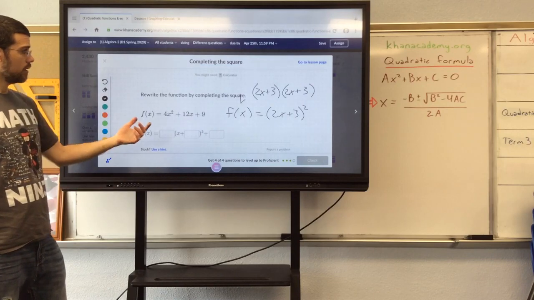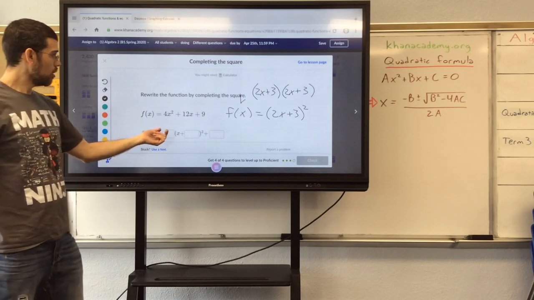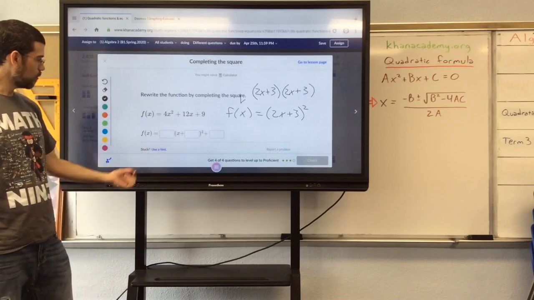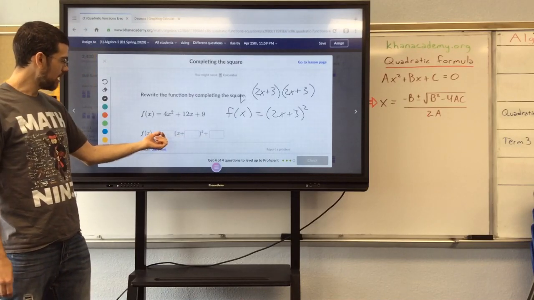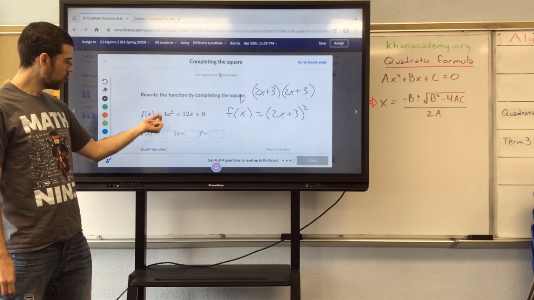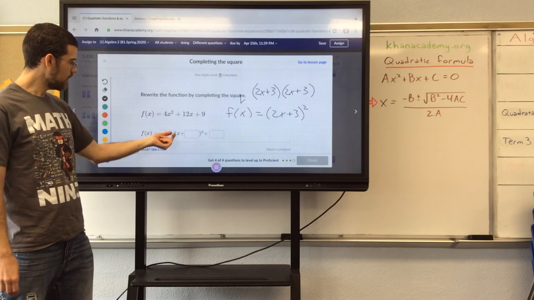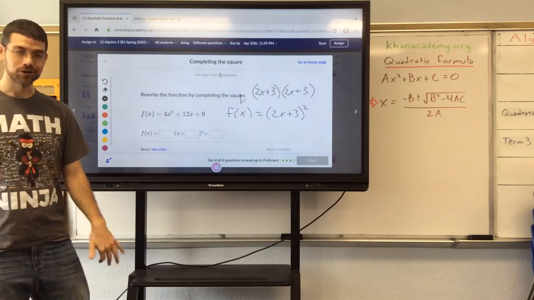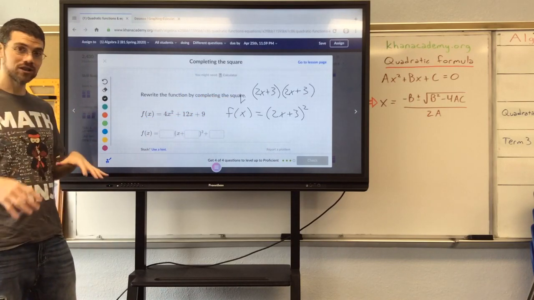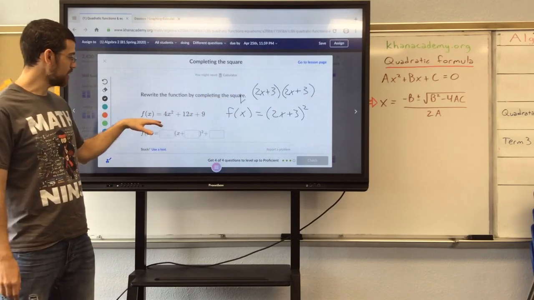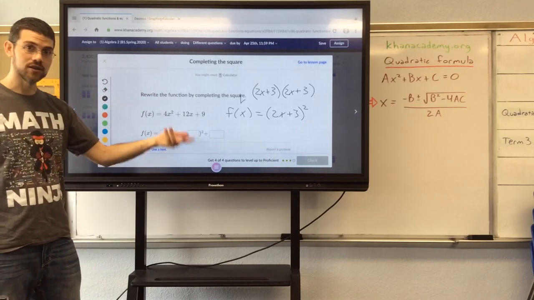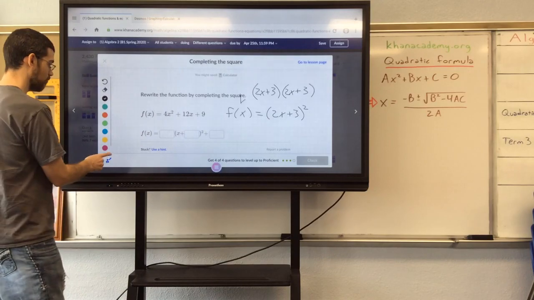All right? Now, that's fine, but look at the format they wanted in. They wanted us to have a 4 to not be part of the x. Okay? So if I had looked at the problem more carefully before I launched in, I would have found that I needed to factor out that 4. I need to divide everything by 4.